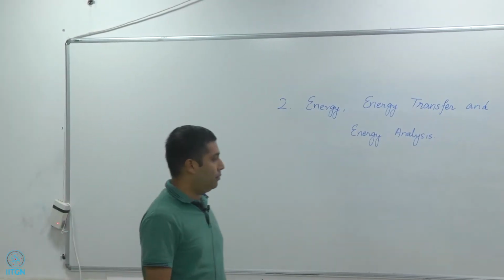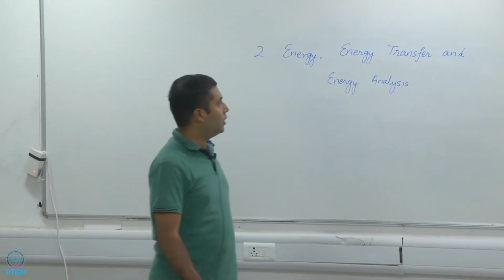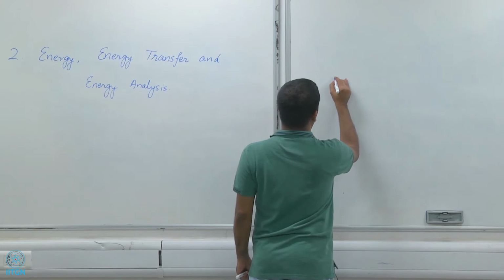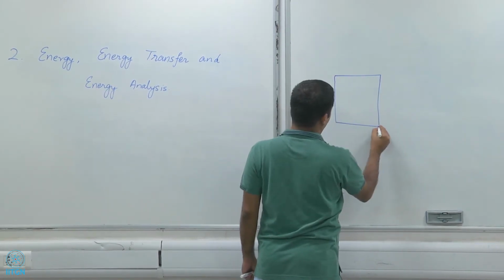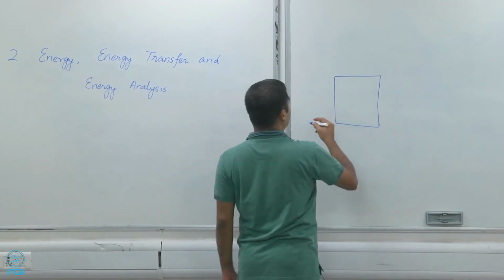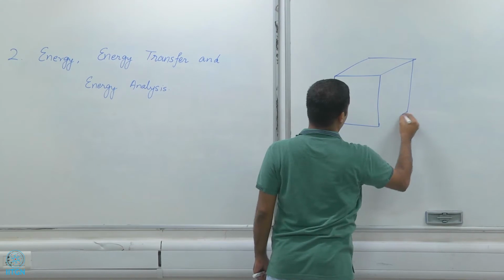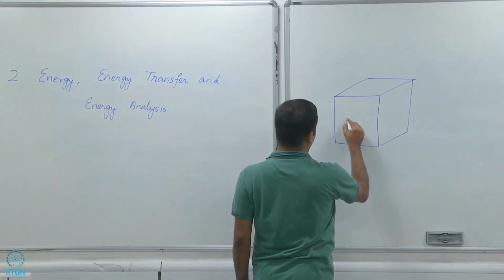Now, let's first do a sort of a thought experiment. Let us say that I have a room, right? Let's say it's a three-dimensional room, and I have a refrigerator in this room.